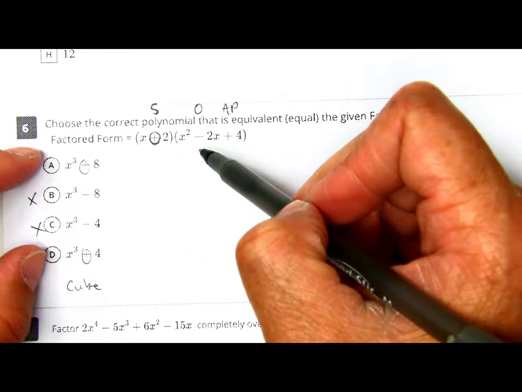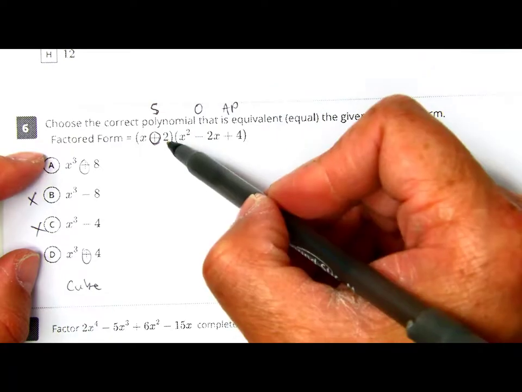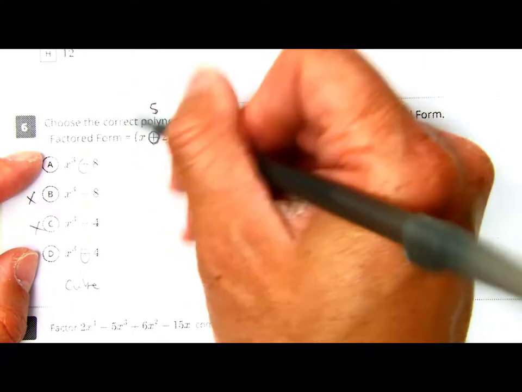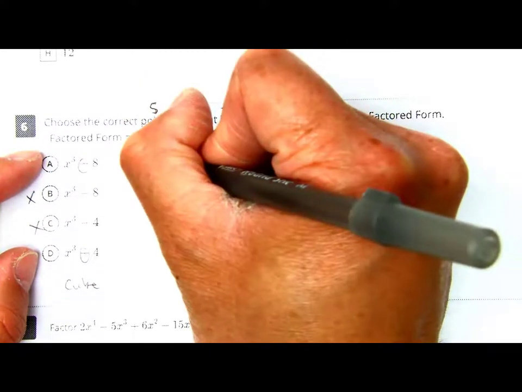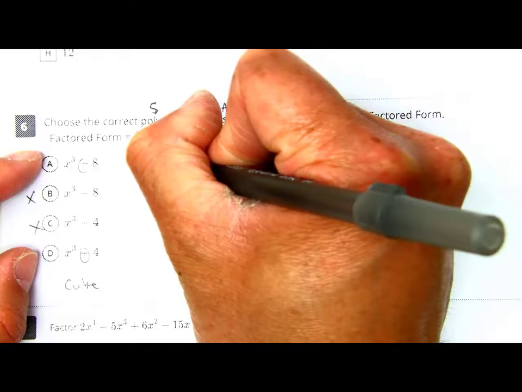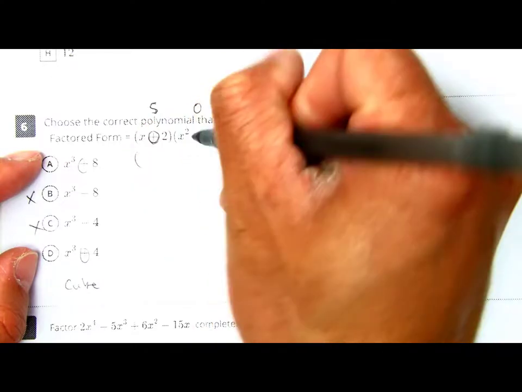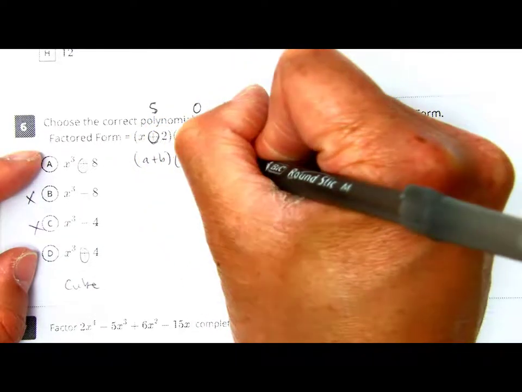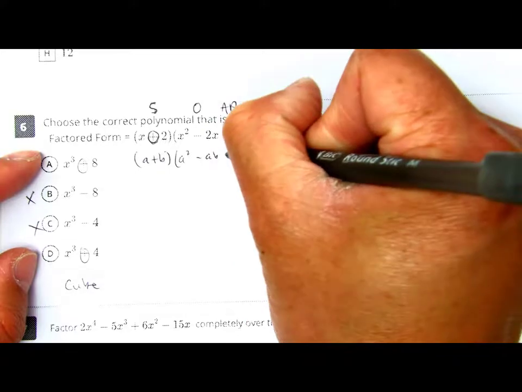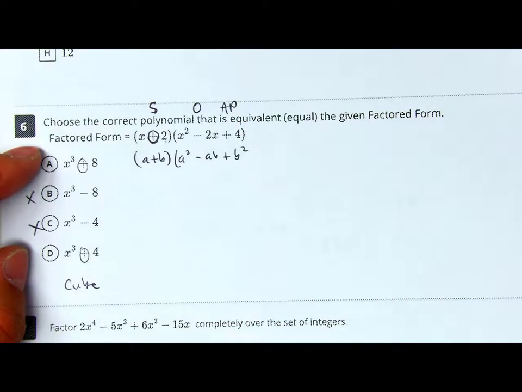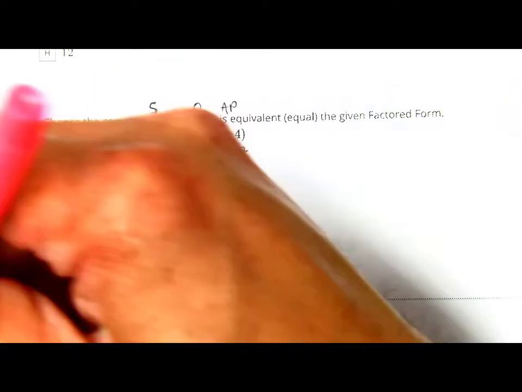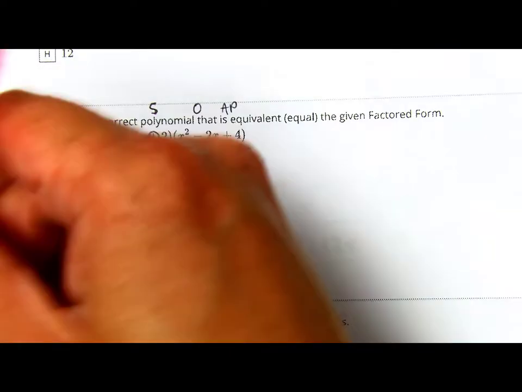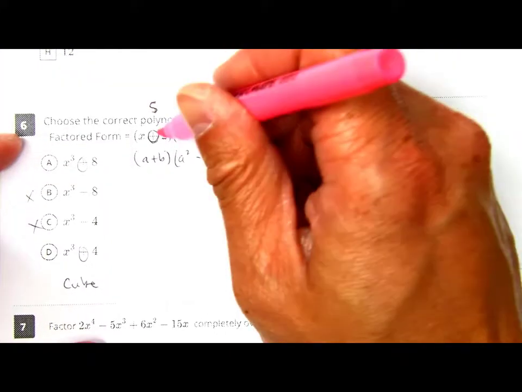The next question is, what goes here? Well, if you were doing this problem, you would have a plus b, a squared minus ab plus b squared. And if you write this formula, of course this is called sum of cubes, you can see now x is equal to a.